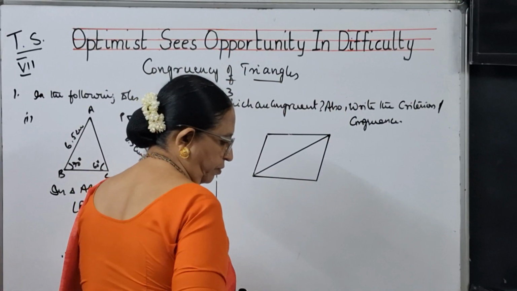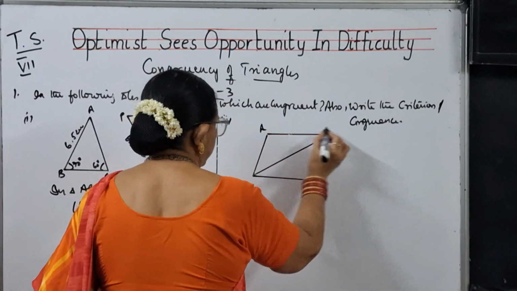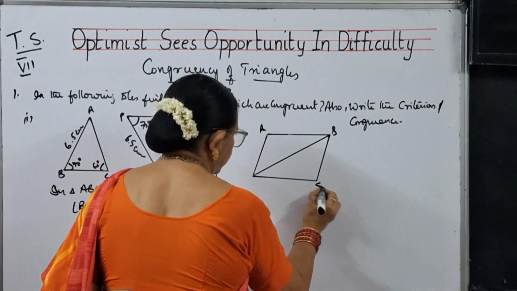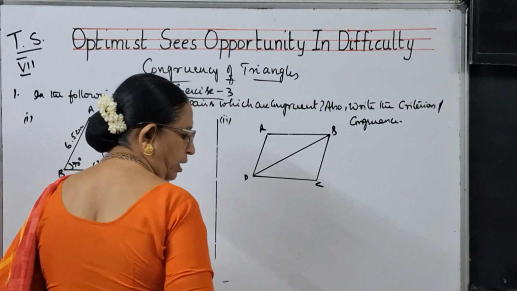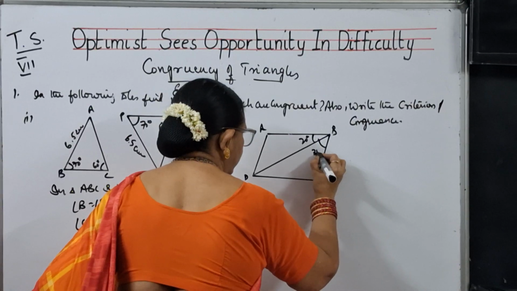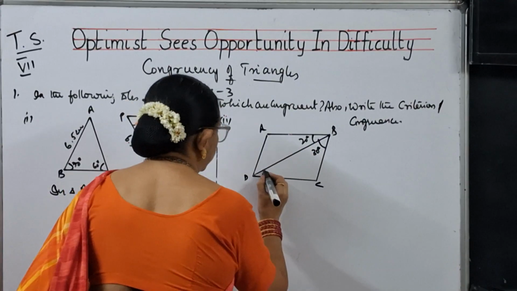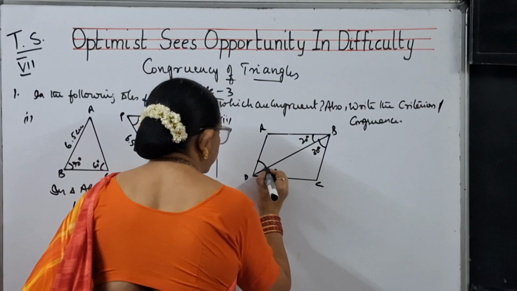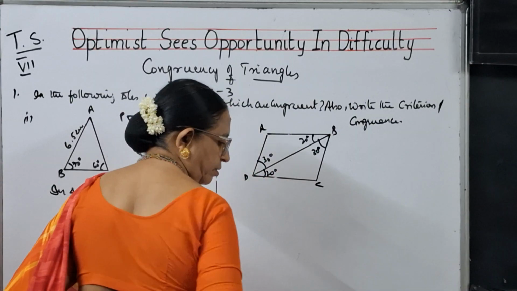In this figure, you have got A, B, C, D. And this is 20 degrees, this is 30 degrees. And this is 20 degrees, this is 30 degrees.